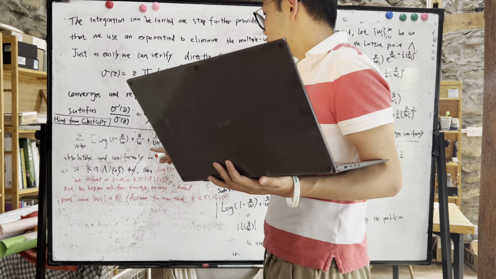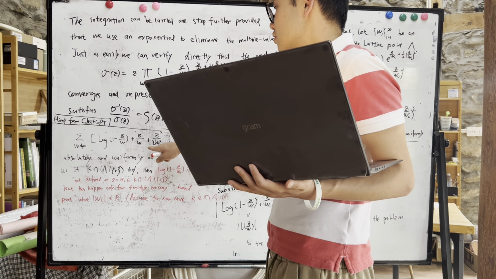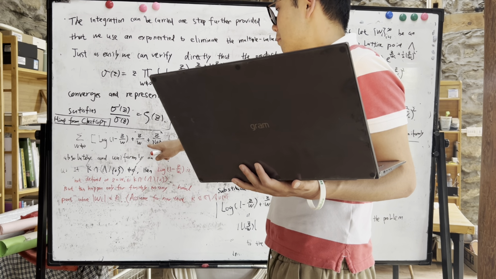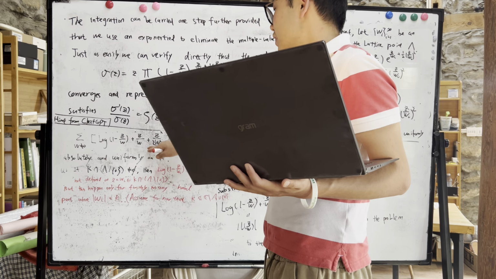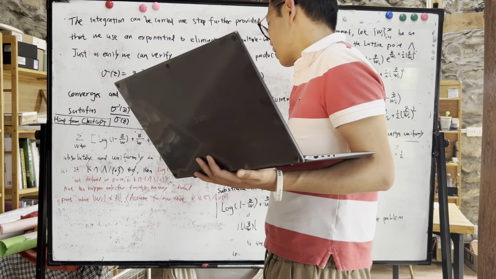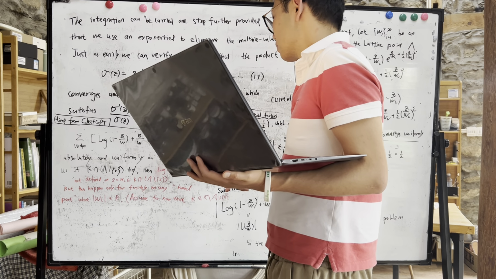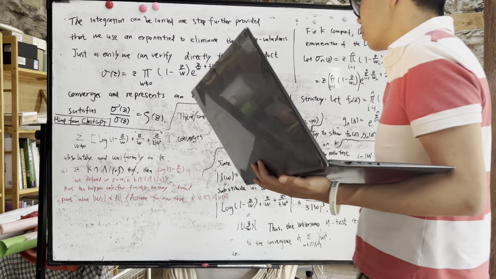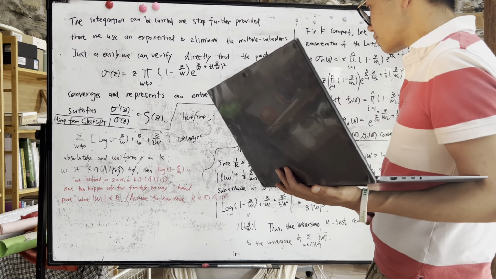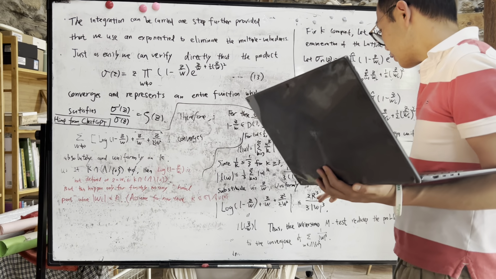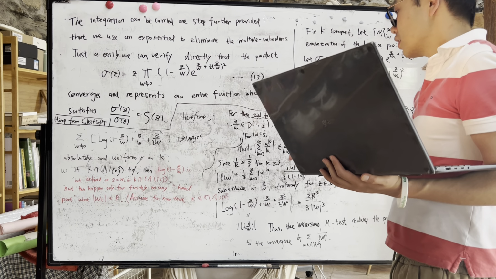So therefore we can take its maximum over the compact set K, right? So the maximum is actually the maximum of the modulus on K. And then the whole thing is actually summable.